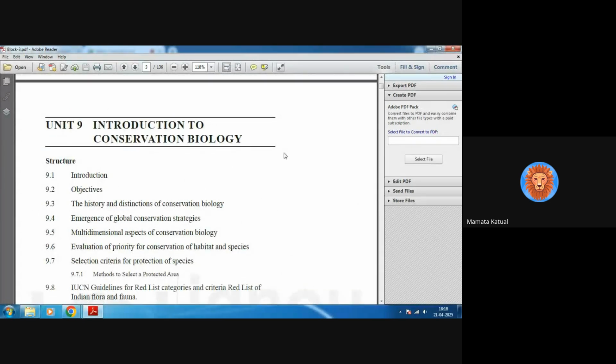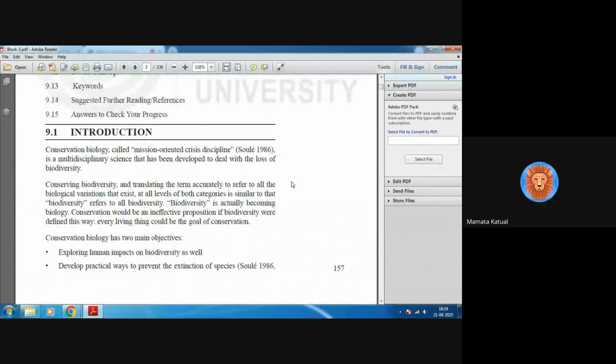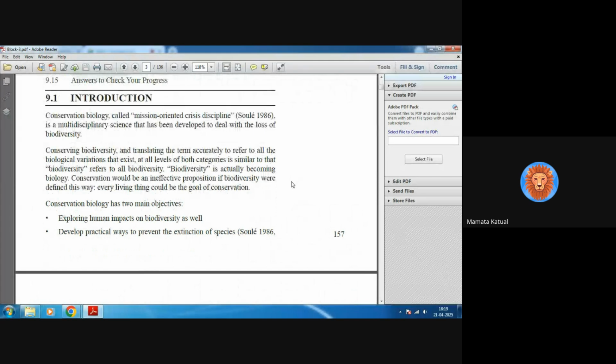So first we shall go to Unit 9, Introduction to Conservation Biology. Conservation biology is a multidisciplinary science, and it was developed to deal with the loss of biodiversity, because recently there is loss of biodiversity.